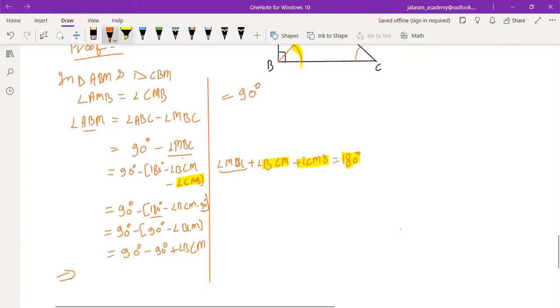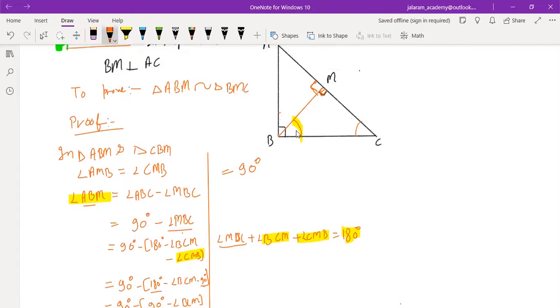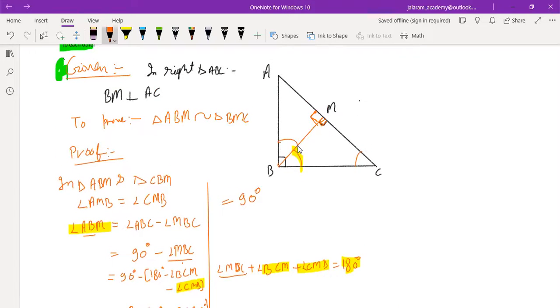So the angle on the left hand side, that is angle ABM, equals this. The 90 degree will be cancelled out. The angle on the right hand side is angle BCM, which is one of the angles of this triangle. So look at this: angle ABM equals angle BCM.